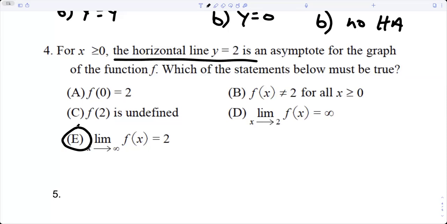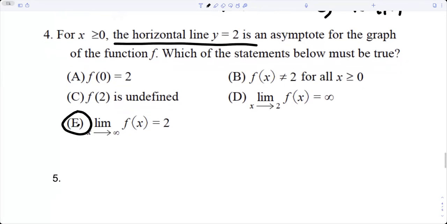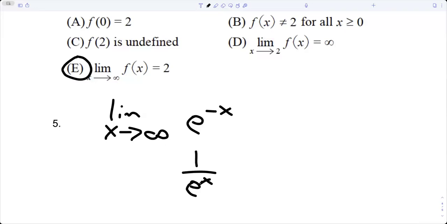All right, you ready? Here we go. Here's your little challenge problem. Tell me the value of this limit: the limit as x goes to infinity of e to the negative x. So the numerator is constant at 1, and the denominator is increasing.